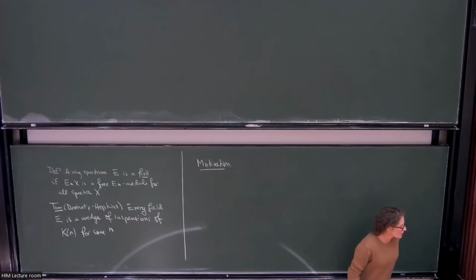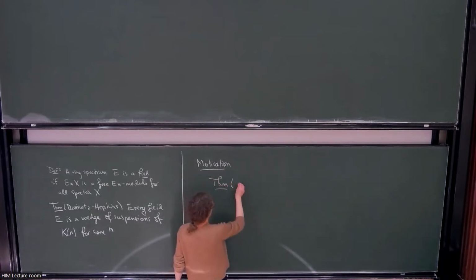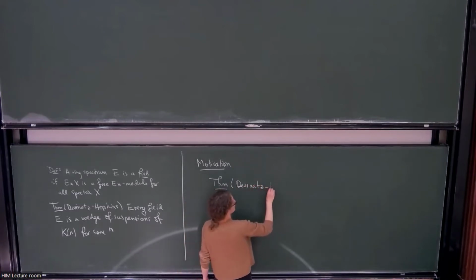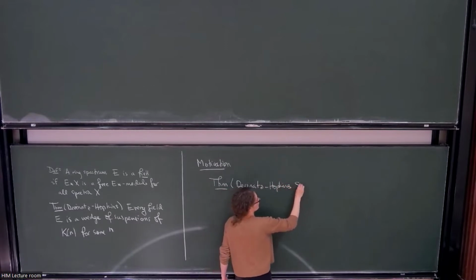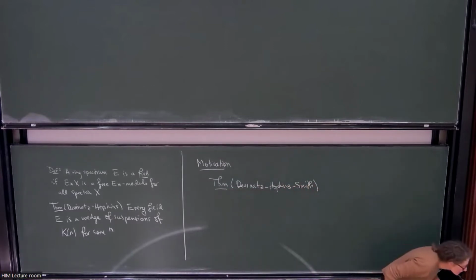Okay. So the theorem that I want to state, and I'm restating it for Smith. I'm going to give a bit more detail about the statement that Greg gave last time.